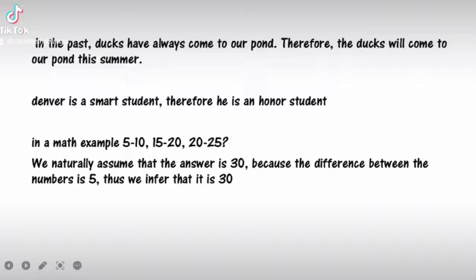So what is next? We naturally assume that the answer is 30 because the difference between the numbers is 5. Thus, we infer that it is 30. It is an example of inductive reasoning because we automatically think that the next after 25 is 30.